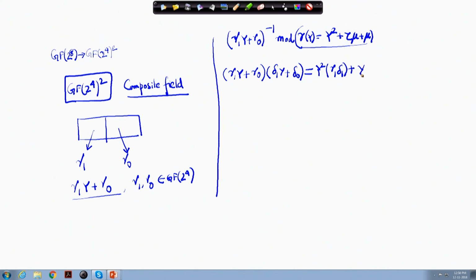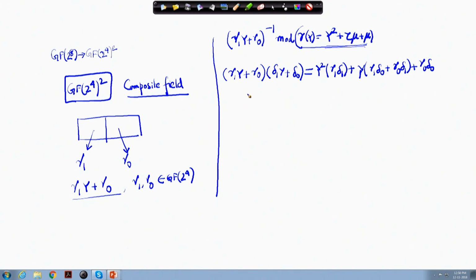Likewise, for y, the coefficient is gamma 1 delta 0 plus gamma 0 delta 1, plus gamma 0 delta 0 as the constant term. Note that here I have exceeded the limit of this field, since the degree is now y square, and therefore I do a modular reduction with this polynomial.